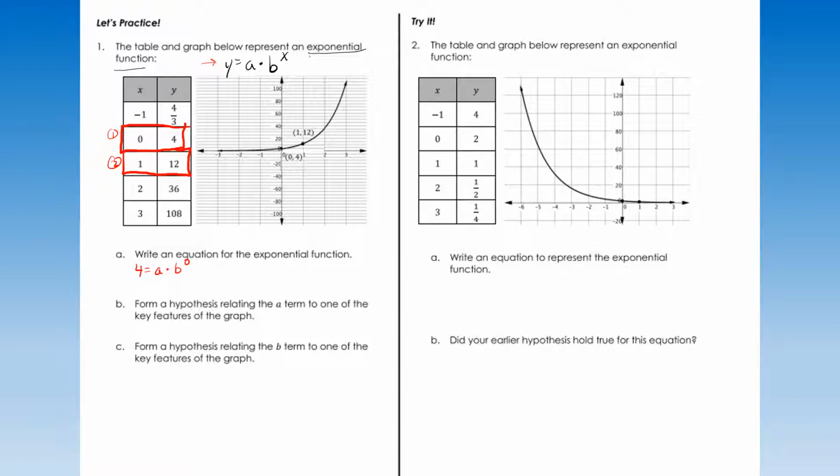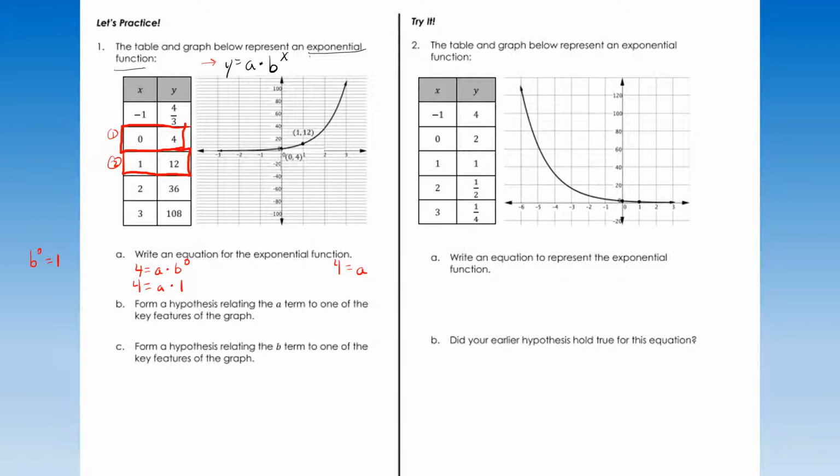So I replaced y with 4 and x with 0. And just like in the last one, we know that anything to the power of 0 is 1. And so 4 is equal to a times 1. And a times 1 is just a, so 4 is equal to a.